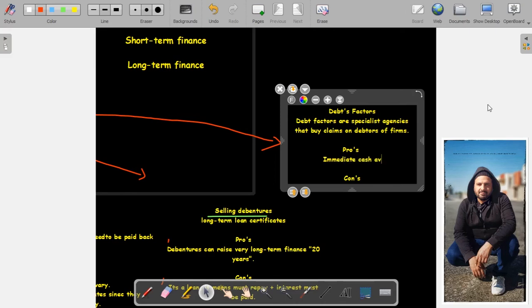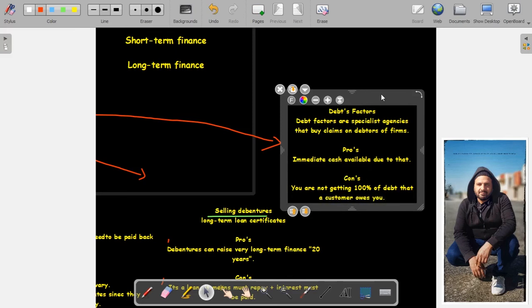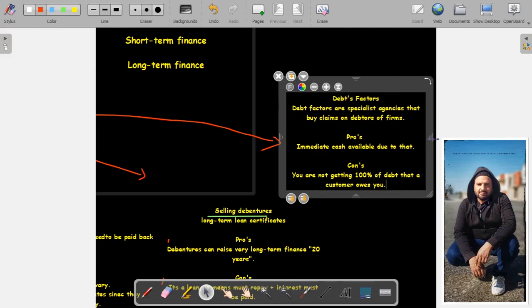The only bad thing about it is that you are not getting 100% of the debt that a customer owes you, because a percentage of it is going to be fees for the debt factor. This is the disadvantage about this method.